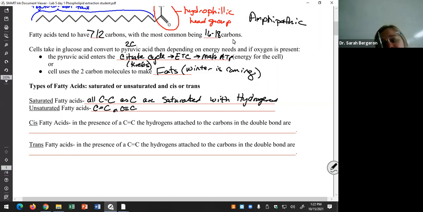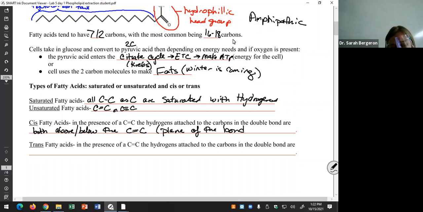Same side, both above or below the carbon-carbon double bond. So this is like the plane of the bond. And we're going to look at some examples in a second.